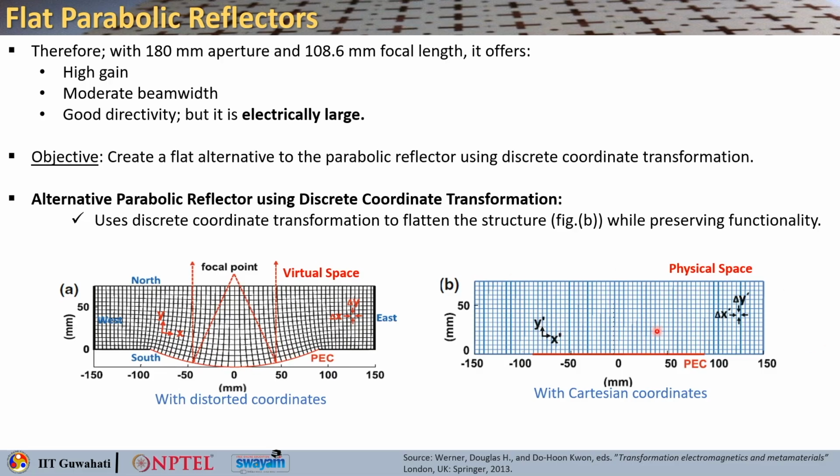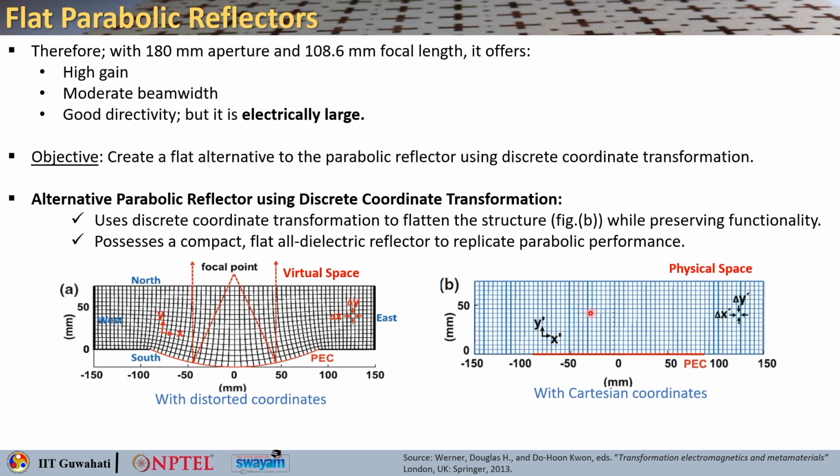Okay, and this is the physical space with the Cartesian coordinates. So here the parabolic reflector is basically transformed into a flat PEC, right. So that is the difference in the two cases. This is the physical space we are going to design now.